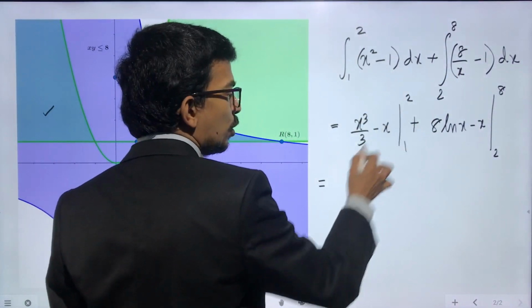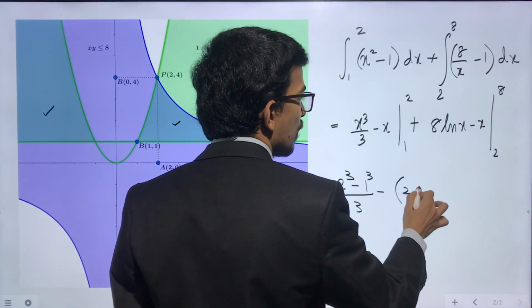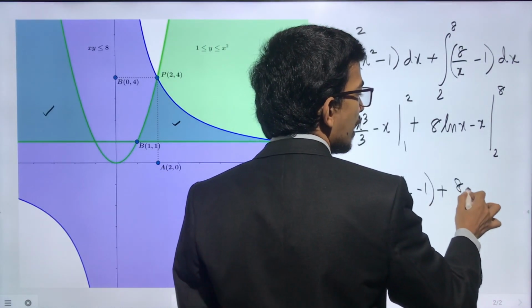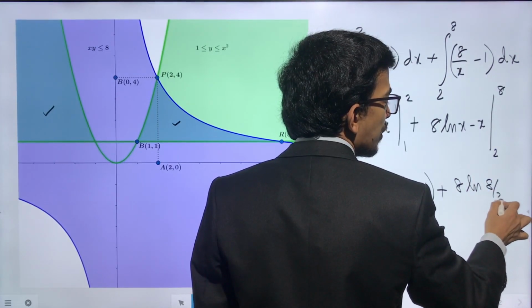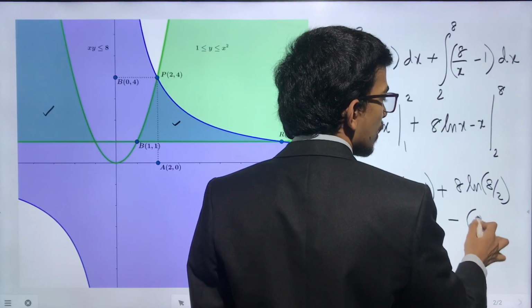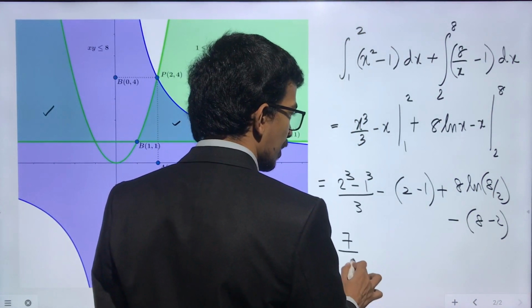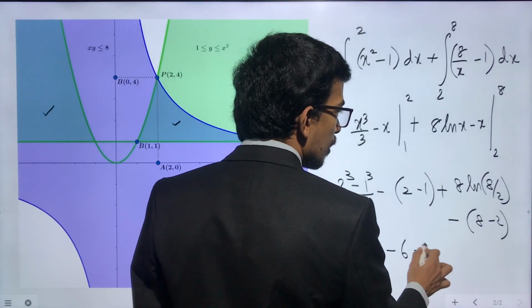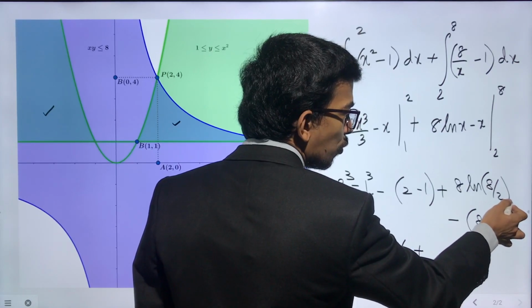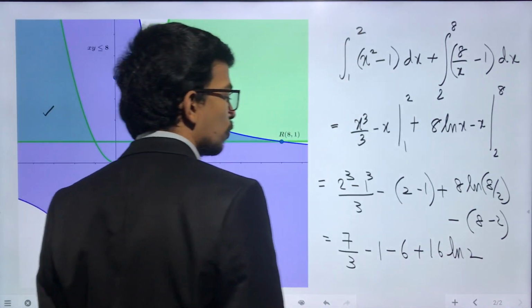So this is 2 cube minus 1 cube by 3 minus 2 minus 1, plus 8 log 8 minus 2, that is 8 log 8 by 2 minus 8 minus 2. So this is going to be 7 by 3 minus 1 and there is minus 6 here, plus 8 log 4, that is 16 log 2.